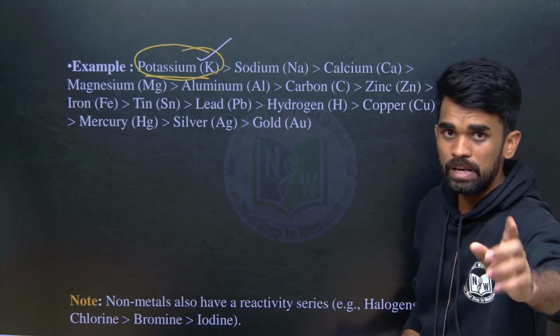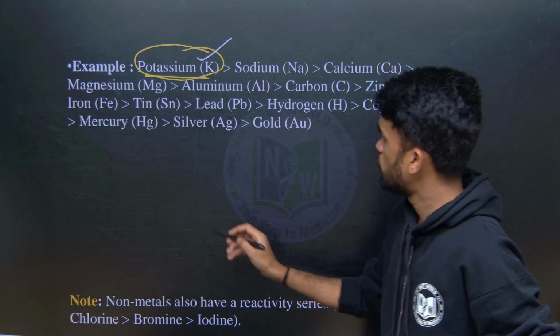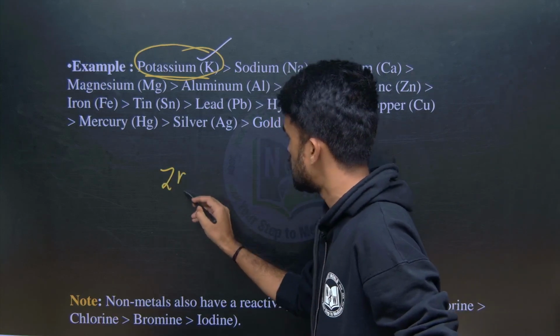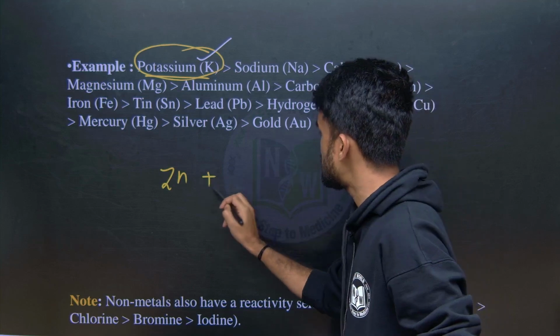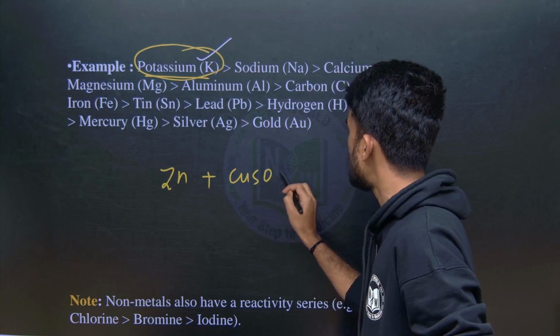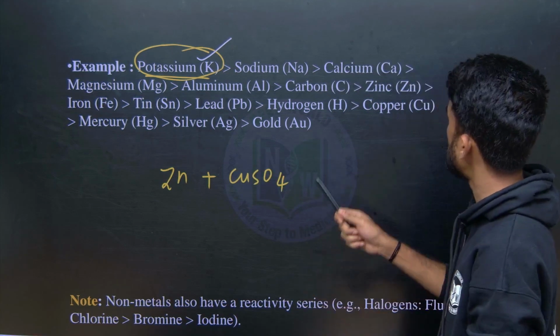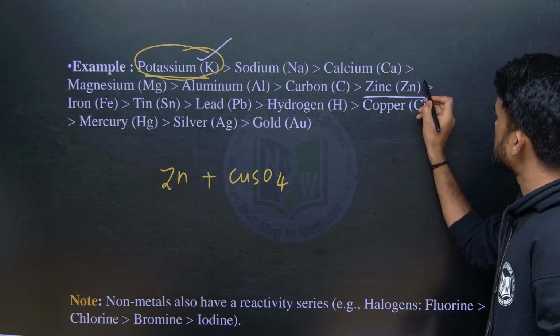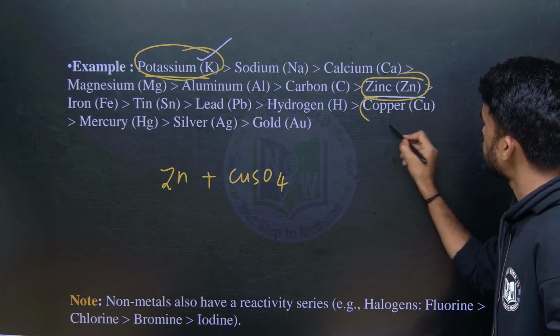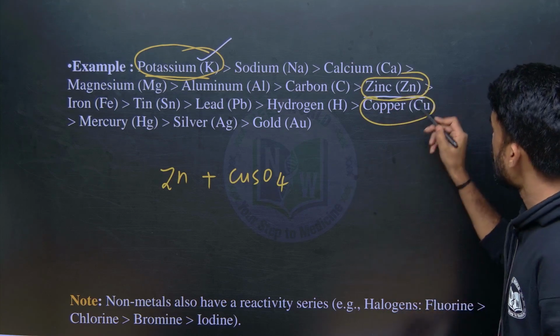See, in the previous case, what we studied about zinc: zinc displaces copper from copper sulfate solution. Look at the table, zinc is over here and copper is over here. Which is more reactive according to the table?